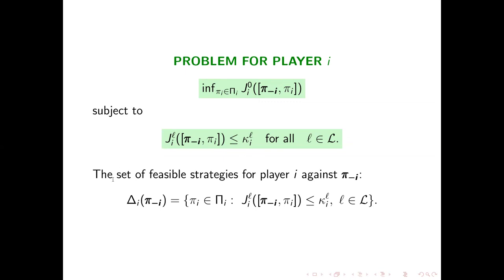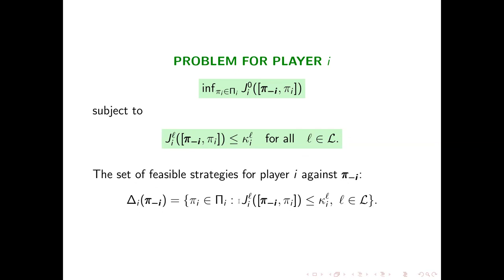And all strategies that satisfy these constraints are called feasible strategies, and the set of feasible strategies for player i against the profile of other players, pi minus i, is denoted by Delta_i of pi minus i.